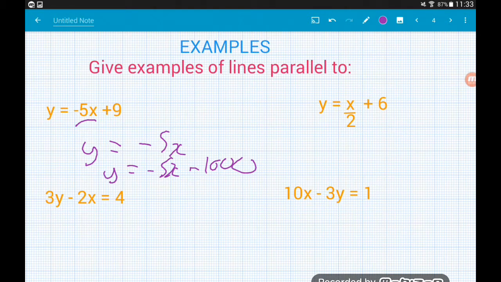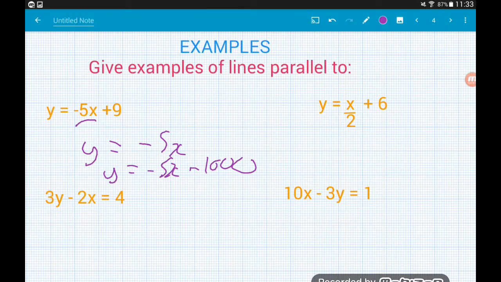Remember, the number at the end, the y-intercept, has absolutely nothing to do with the slope of the line. It is literally just the m part that we're worried about. So any equation with a -5x in it is going to be parallel to y = -5x + 9. Cool. Okay, y = x/2 + 6. Now x/2 is technically saying 1/2 times x.